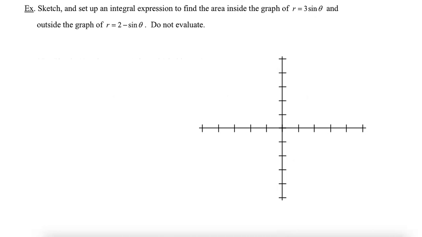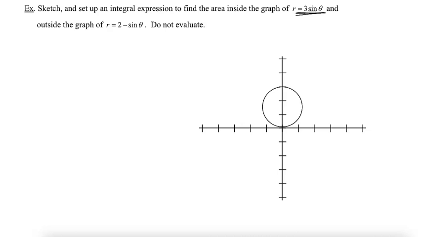Okay, so next, we are going to talk about the area between two polar curves. So for the area between two polar curves, first let's think about graphing them. So again, one of ours is 3 sine theta. I want you to be able to recognize that that is a circle on the y-axis with a radius of 3. All right, so there's my circle, r equals 3 sine theta.